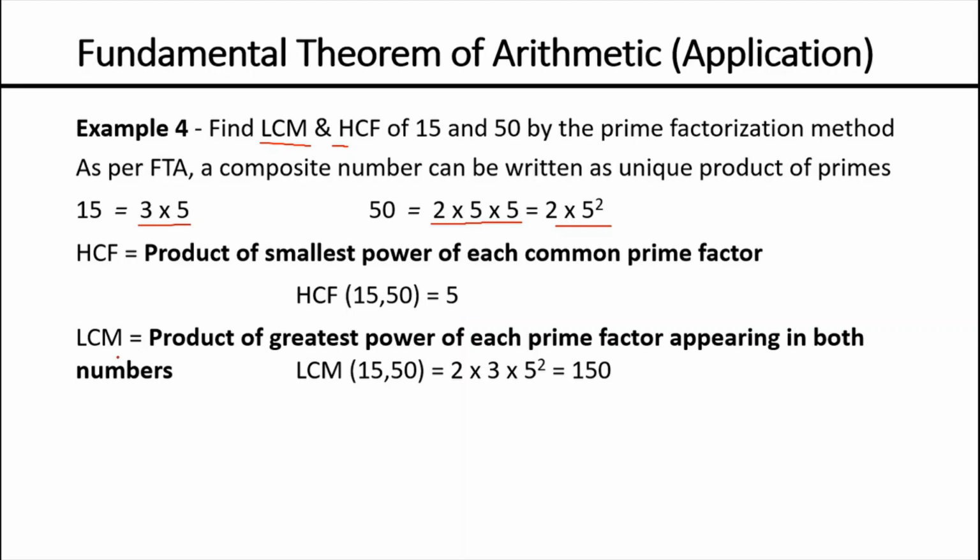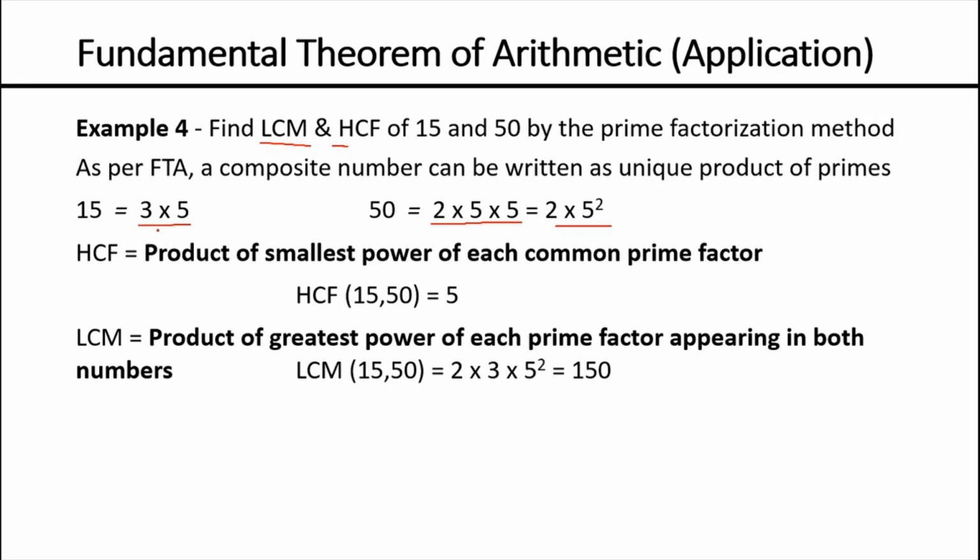Now looking at the least common multiple, it is the product of the greatest power of each prime factor appearing in both the numbers. So in order to calculate the LCM, we'll have to take each and every prime number which is involved in either of the given numbers and take the maximum power which is appearing in either of the numbers.